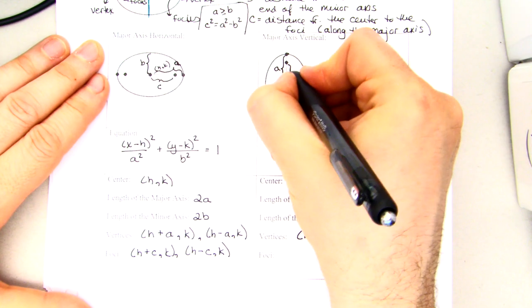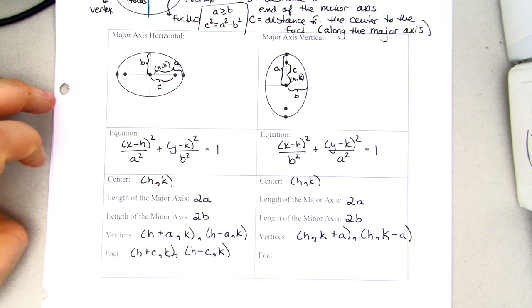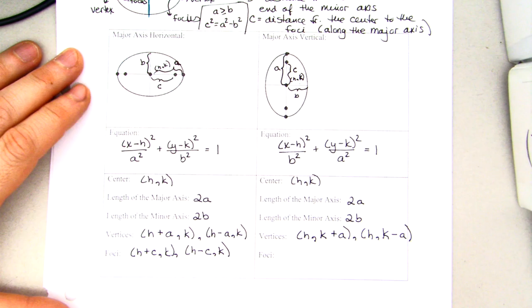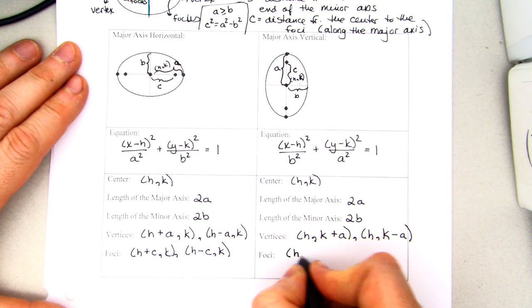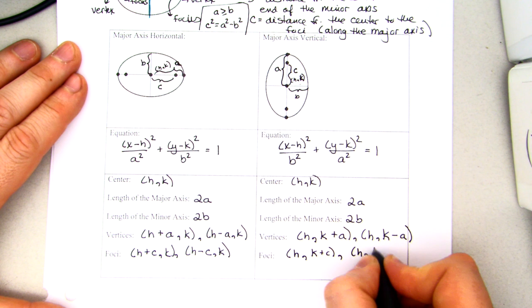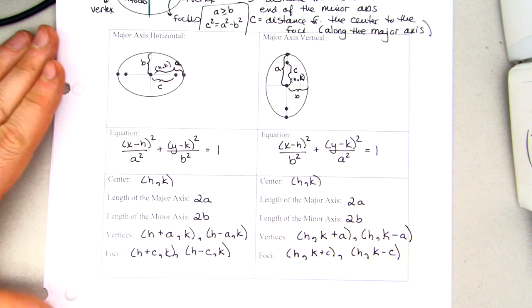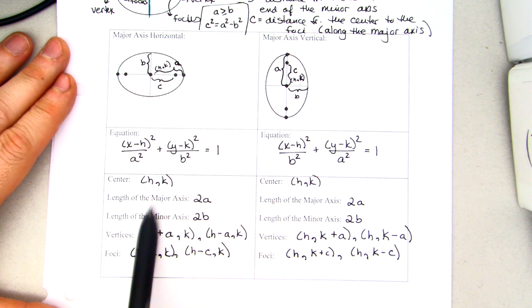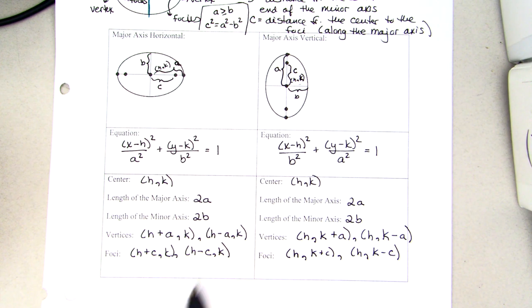The foci, well, c is that distance from the center to the focus up there, same distance from the center to the focus down there. So my coordinates will be h comma k plus c and h comma k minus c. And once again, way more important than memorizing these things is being able to visually work with these and figure out the pieces by looking at a graph.